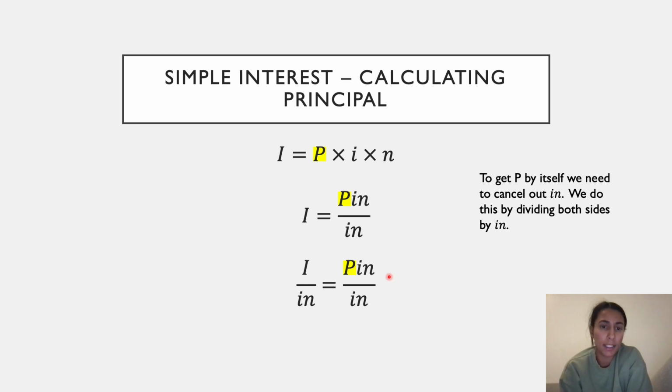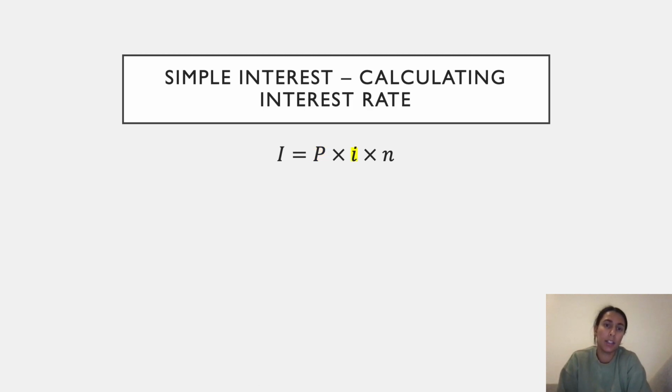Then what happens is on the right hand side, this lowercase i is going to cancel out and the N is going to cancel out, and you are left with the principal equals interest earned divided by the interest rate times the number of years. So this would be your formula for calculating the principal. Very similar process if we wanted to calculate the interest rate.